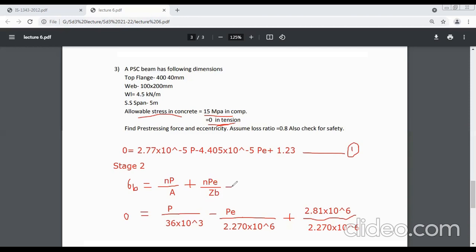So we are considering here the bending moment due to total load, that is MT, again divided by ZB.